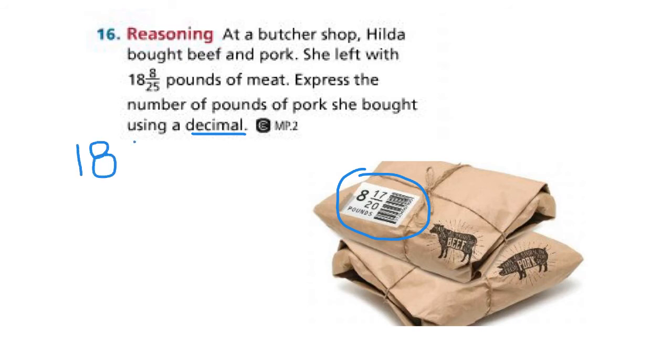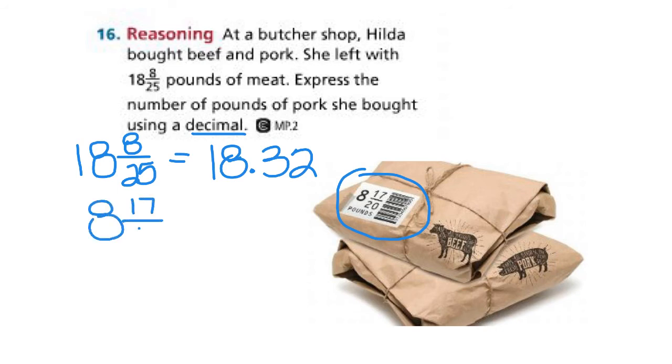The 18 8/25 pounds of meat total is equivalent to 18.32. The 8 17/20 pounds of beef she bought is equivalent to 8.85 pounds.